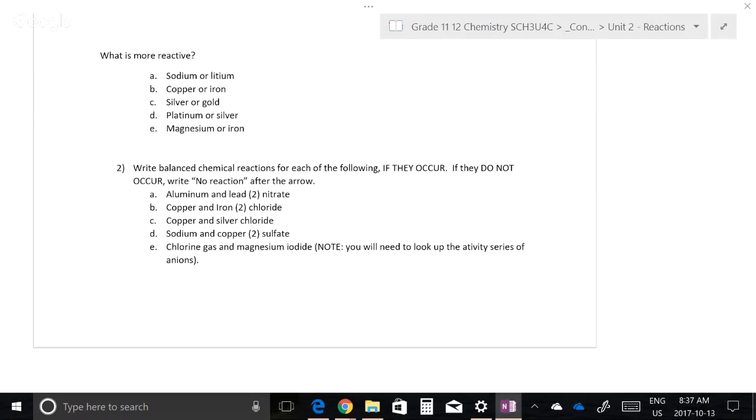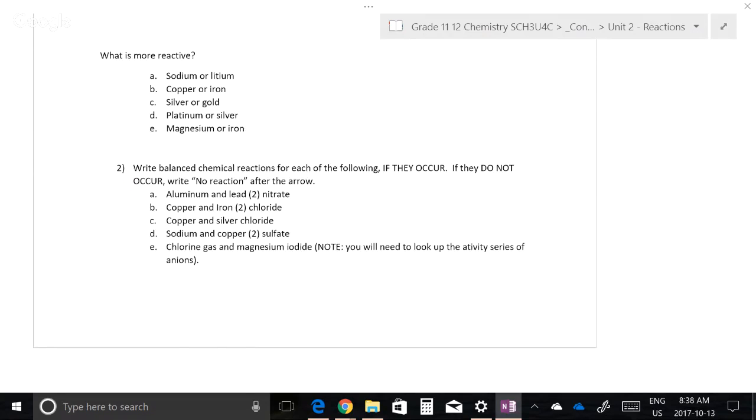Very good. If you have a compound and an element, then likely you're going to get a displacement reaction. Does that make sense? That's not a guarantee. You could get a synthesis reaction where they all come together and you only get one product. But it's a good hint that you at least need to think about the possibility of a single displacement reaction.